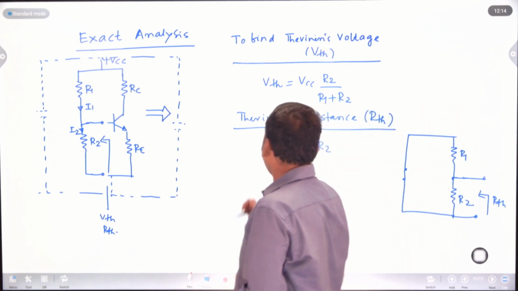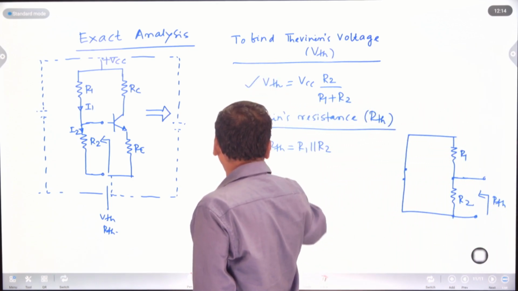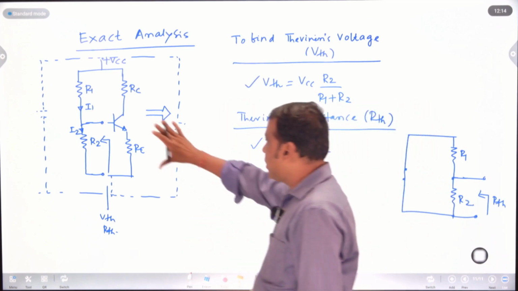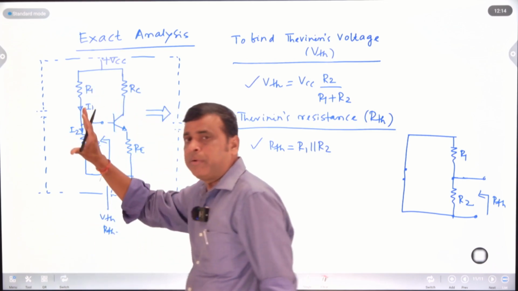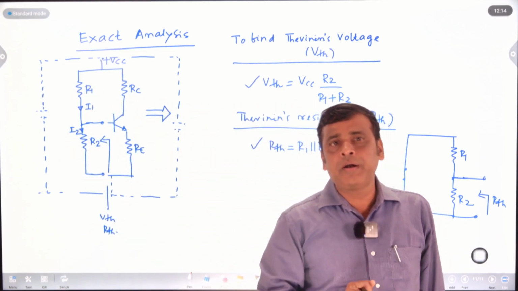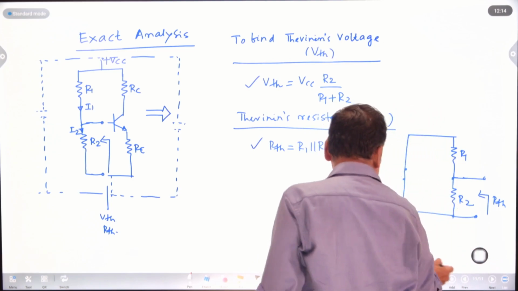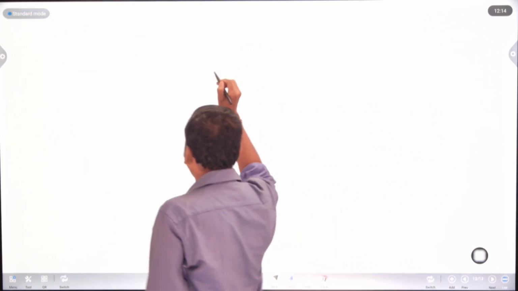So I already told you what VTH is and what RTH is. The input of the voltage divider bias circuit can be modified into the Thevenin's equivalent circuit. The resulting circuit is like this.